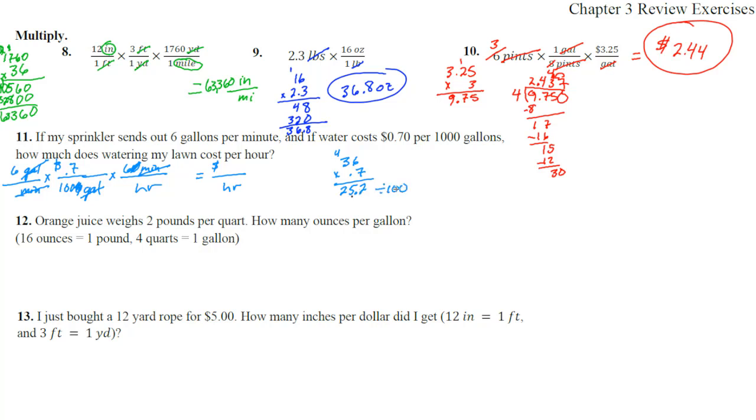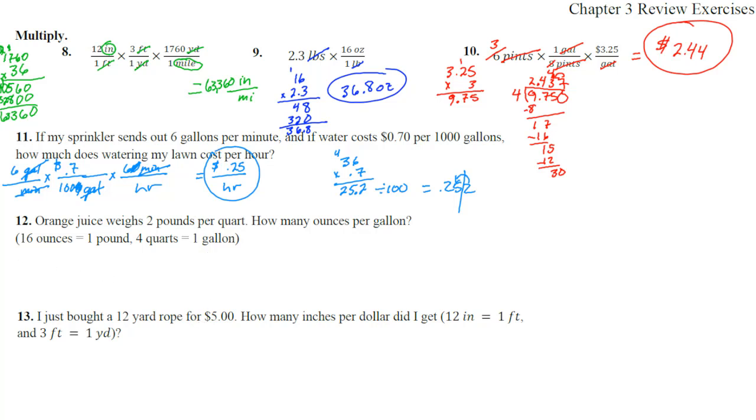Well, that's just going to move the decimal place 2 places. So the answer is going to be 0.252. And it's in dollars, so we're going to round to the nearest penny. That 2 rounds down, so it's 0.25. $0.25 per hour. There we go.